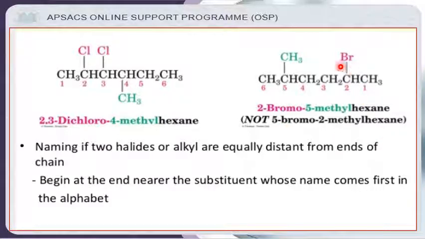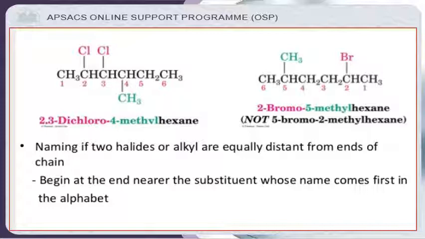Now another example. This is 2-bromo-5-methylhexane, and in this example they are saying that the name is not 5-bromo-2-methylhexane, because both substituents are at equivalent positions.